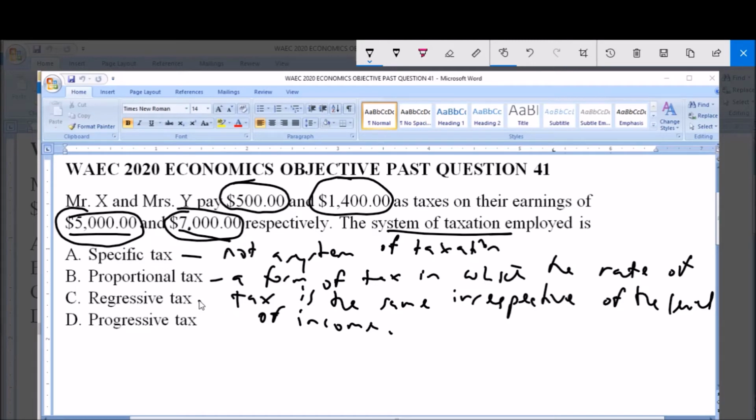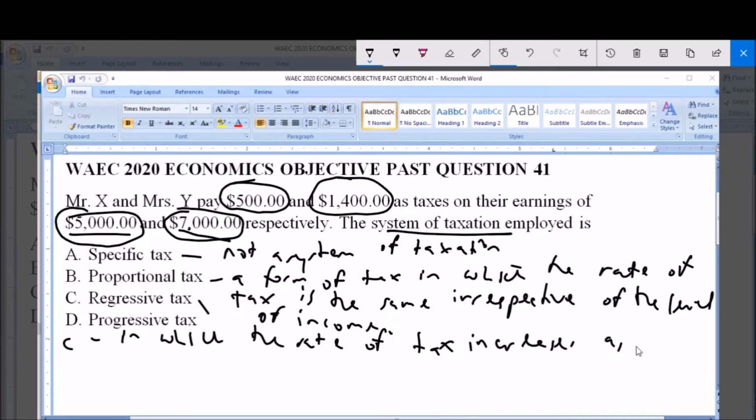Now option C, which is regressive tax, refers to a system in which the rate of tax decreases as income increases.